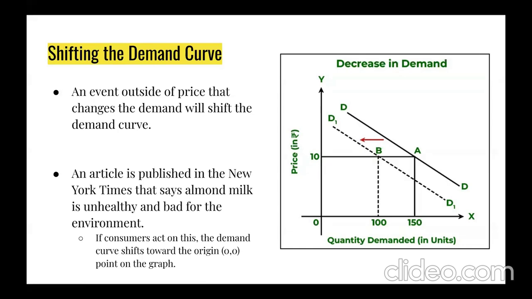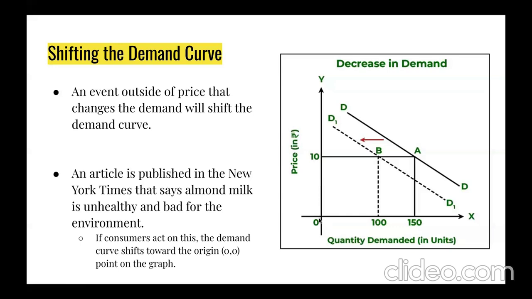Consumers may act on this, and their actions cause the demand curve to shift. In this case, consumers are probably going to start buying less almond milk, and that's going to cause the demand curve to shift toward what we call the origin. The origin is the 0, 0 point on the graph.